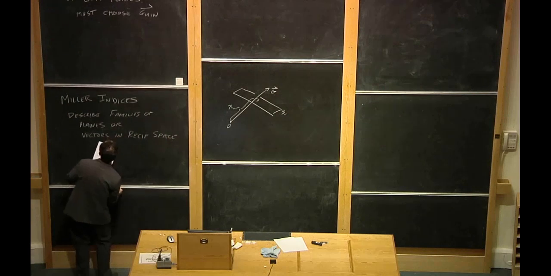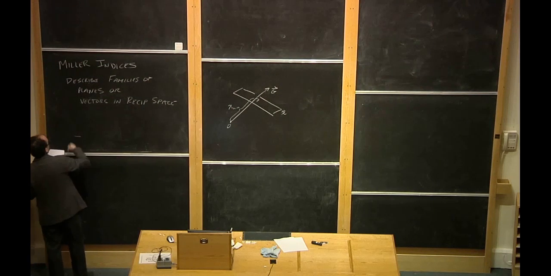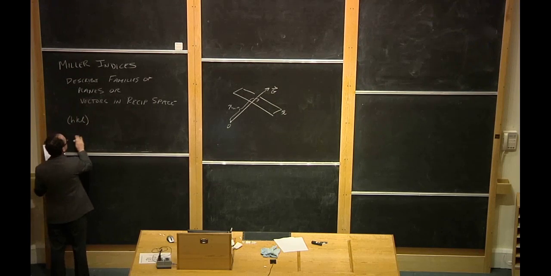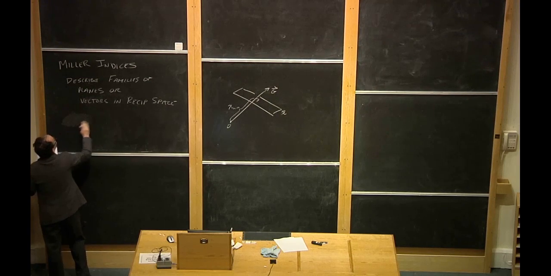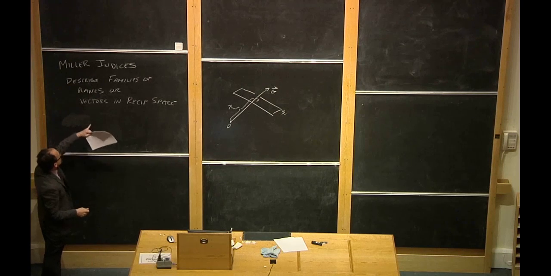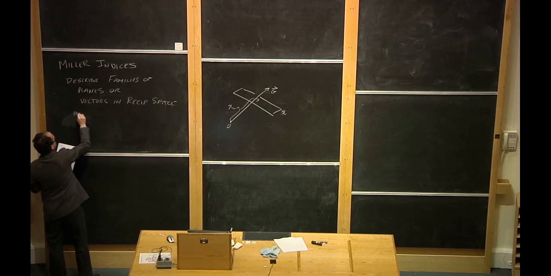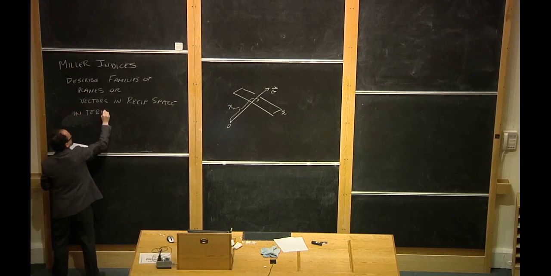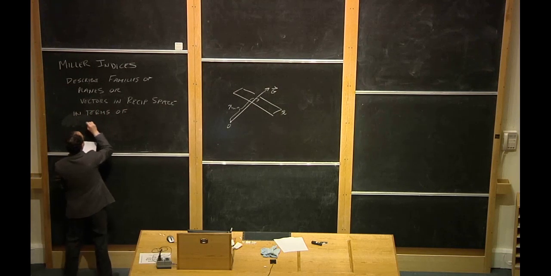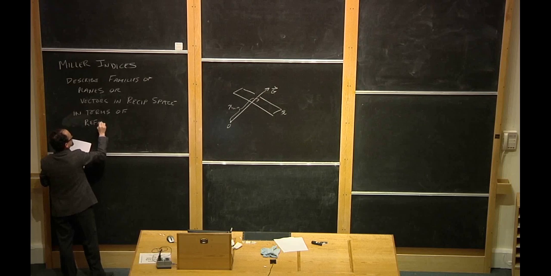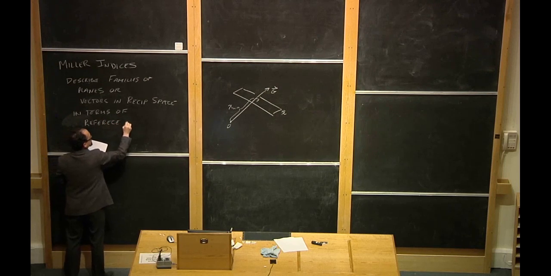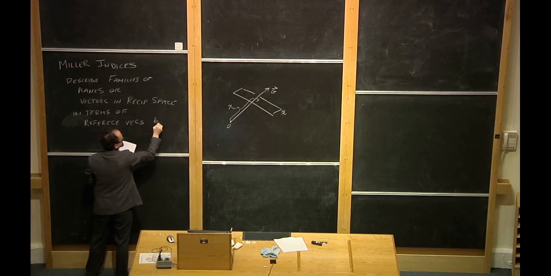And the idea of a Miller index is that you write in parentheses hkl to mean, actually, before I do that, we describe families of planes or vectors in reciprocal space in terms of reference vectors b sub i.